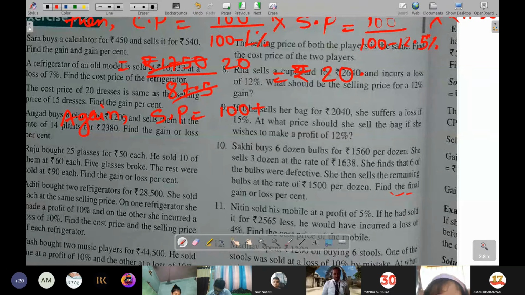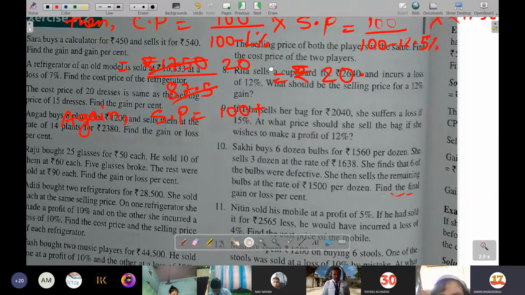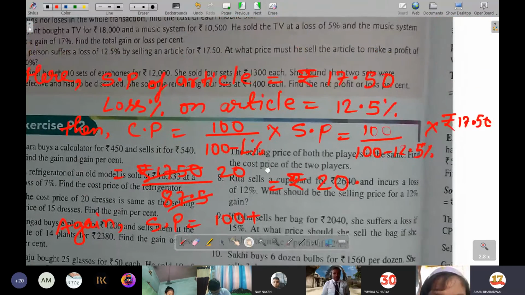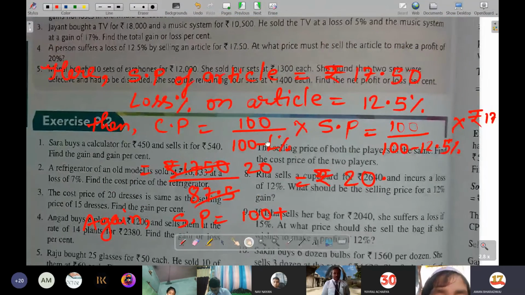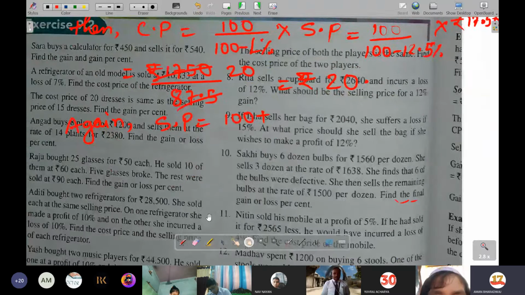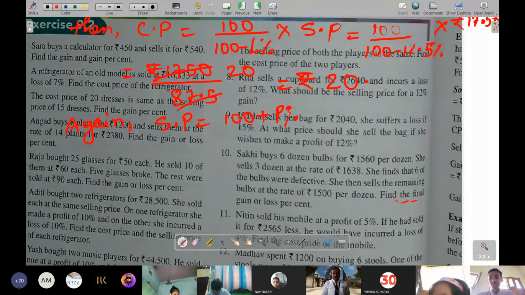Profit is there, then plus profit percent will be there, and there was profit only, I think. Which number question it was? This question number 4. So profit is 20% profit. So 100 plus profit percent by 100 into CP.